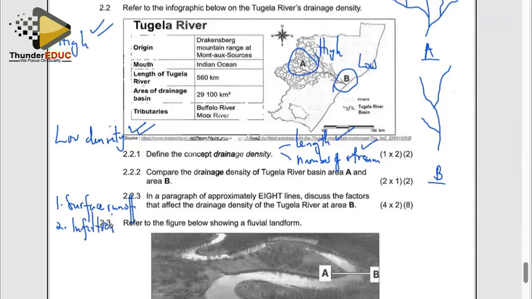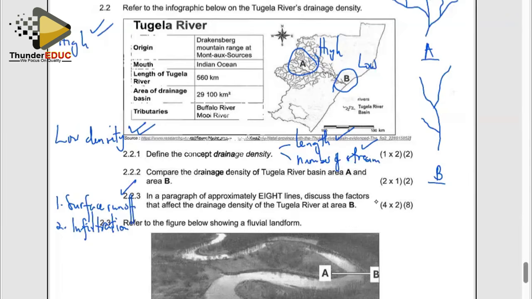These two, you need to look at it from the dimension of factors that promote surface runoff. If there is more surface runoff, more streams are going to develop. And it means that area will have a high density. So you need to look at factors that contribute towards increased surface runoff.